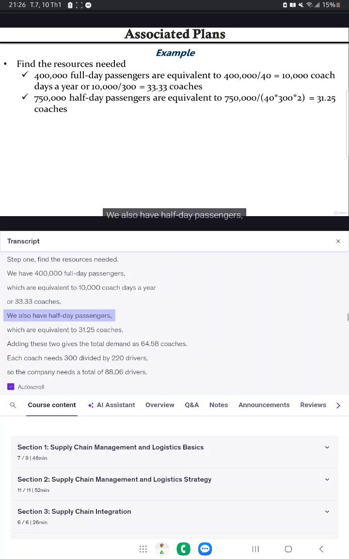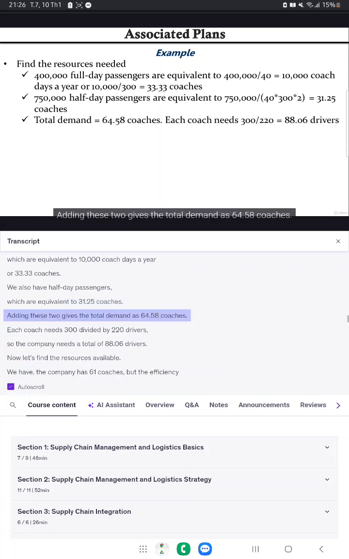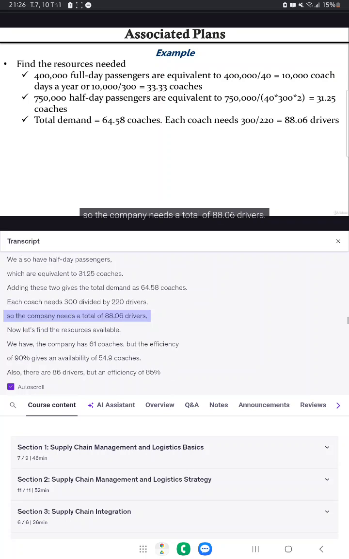We also have half-day passengers, which are equivalent to 31.25 coaches. Adding these two gives the total demand as 64.58 coaches. Each coach needs 300 divided by 220 drivers, so the company needs a total of 88.06 drivers.